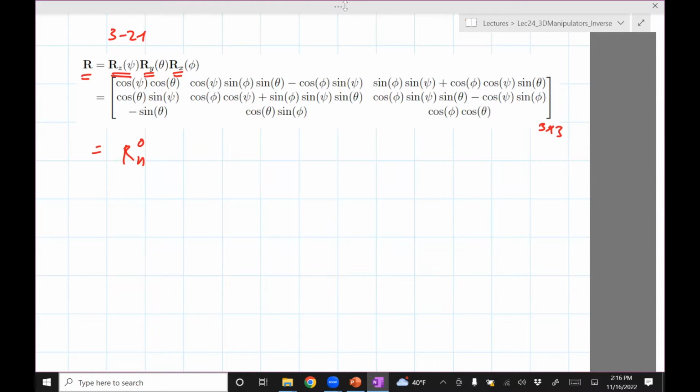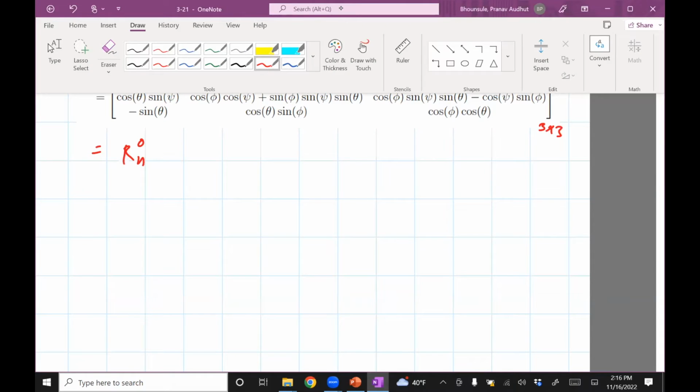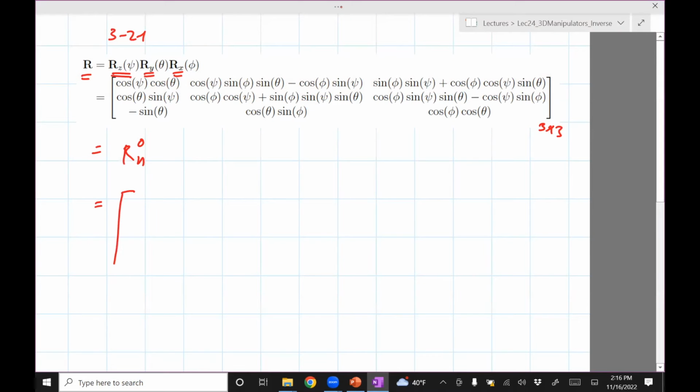Let me just write it down this way. We can write this as R11, R12, R13, R21, R22, R23, R31, R32, R33. If you want to compute theta, psi, and phi, we'll look at the simplest possible elements of this.